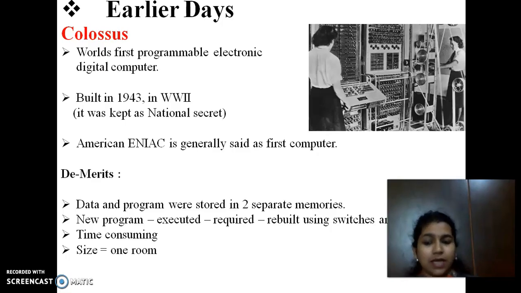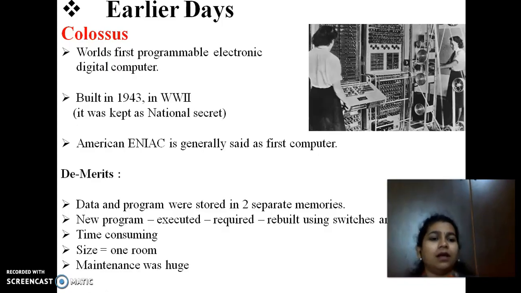Now, the size of the computer was as huge as one room. Obviously, then maintenance would be huge. Why would maintenance be huge? Because in a computer whose size is of one room, no dust particles or external particles should enter the components. Why?